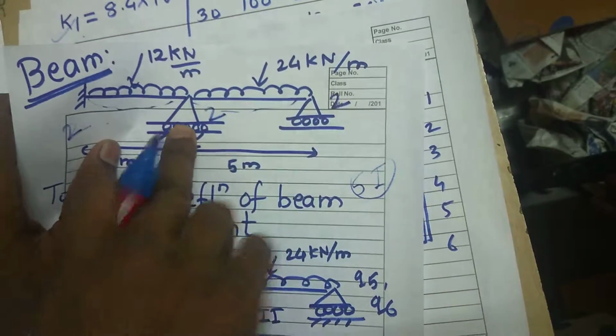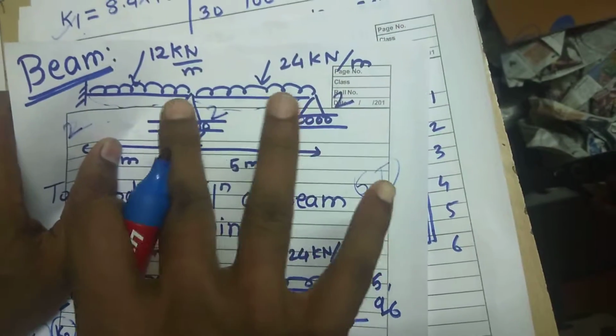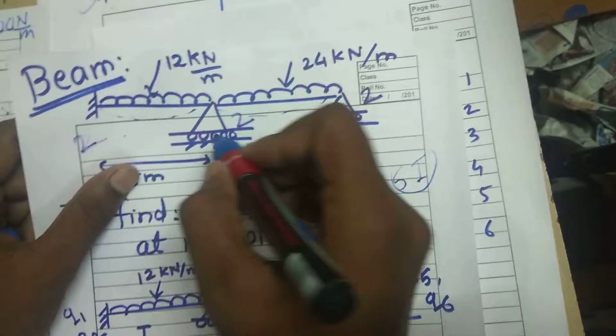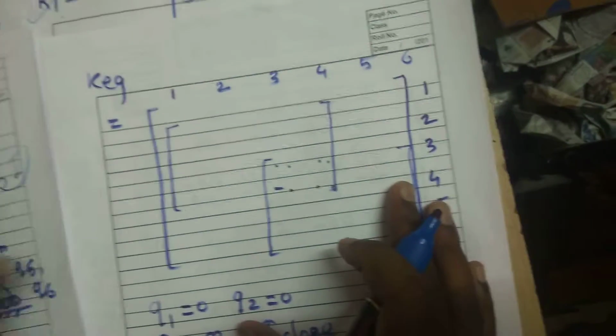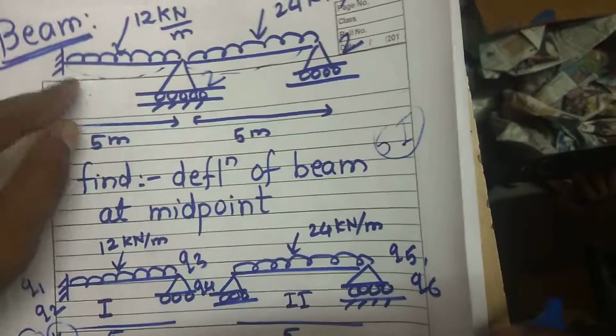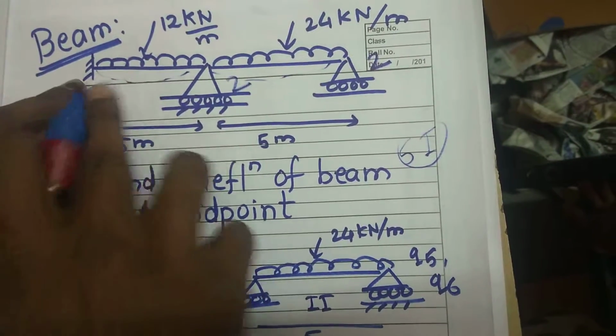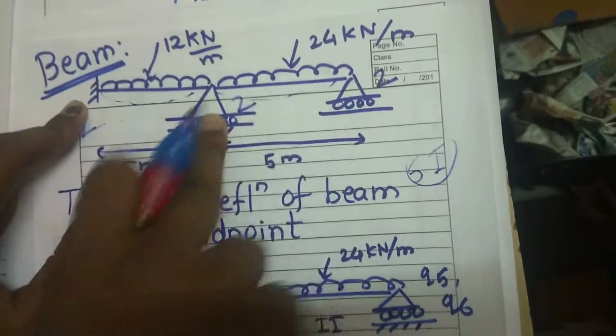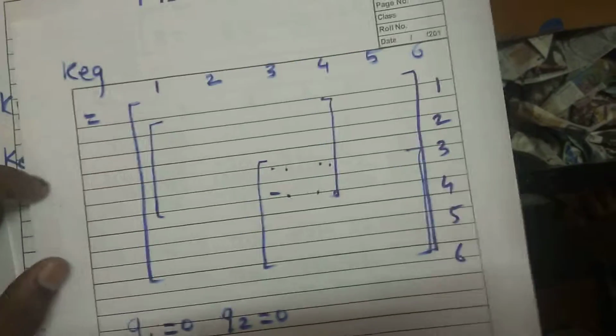there are also 2 and 2, 4 degrees of freedom. Therefore the K2 matrix will be a 4 by 4 matrix. But we are going to take the whole global matrix of this. So the global matrix will be 6 by 6 because there are 3 nodes and each node carries 2 degrees of freedom, 2 plus 2 plus 2, so 6 by 6 will be the global stiffness matrix.